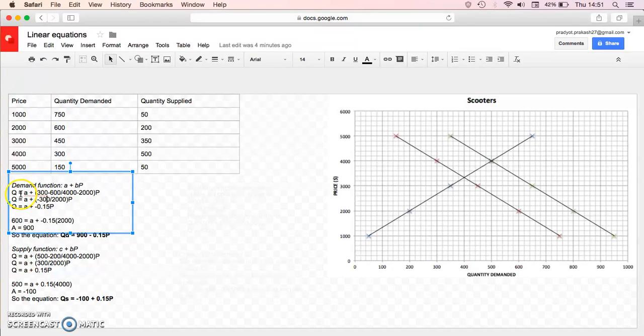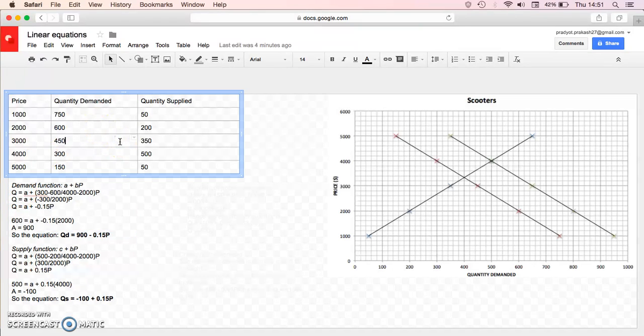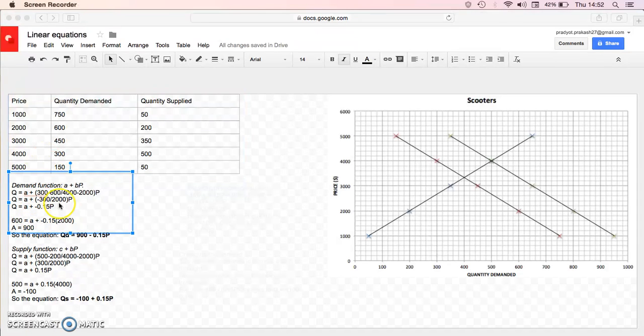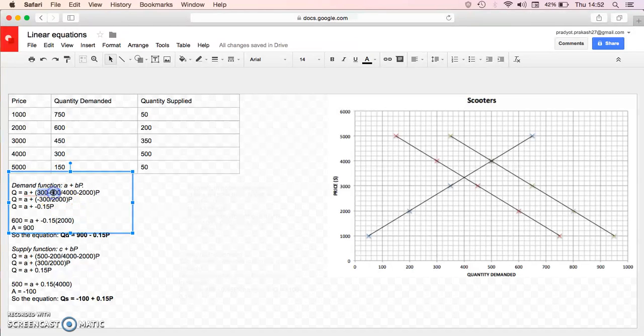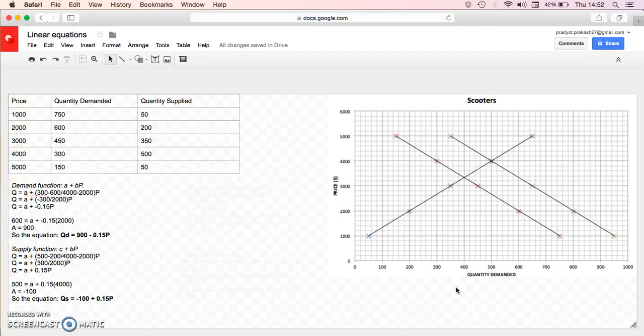So, using the values that we have here in our data table, we can figure out the equation for the demand curve. So basically what we do is substitute values from our table into B, which is the slope. The thing with curves for demand and supply is that the x and y values are switched around.